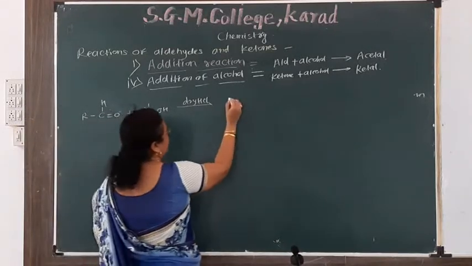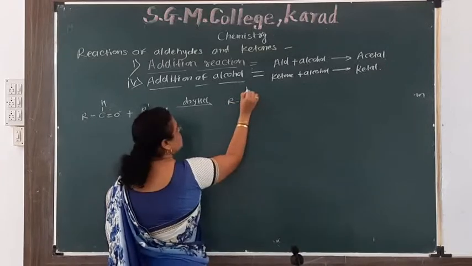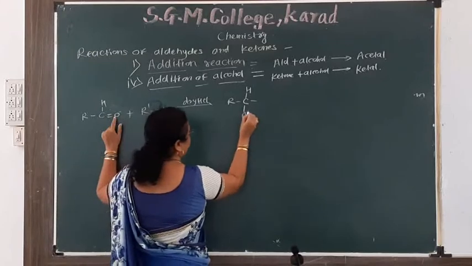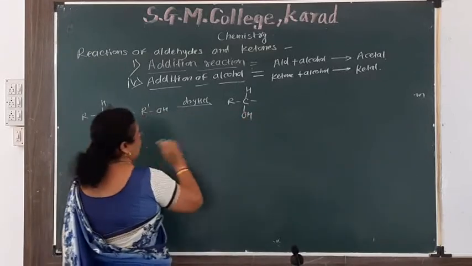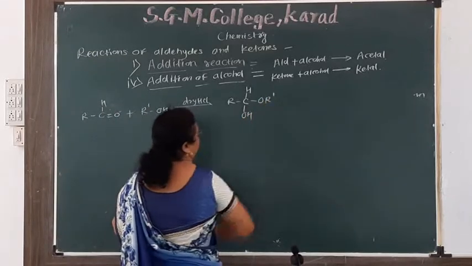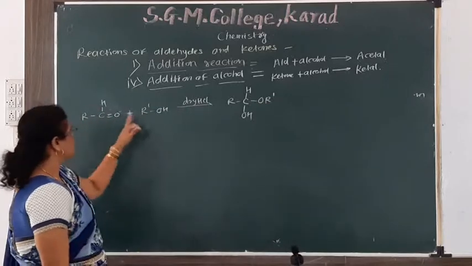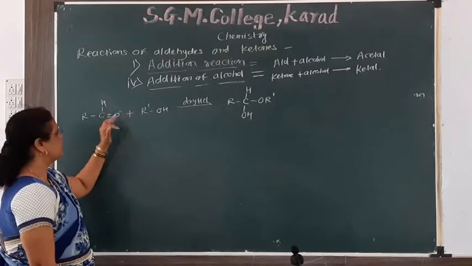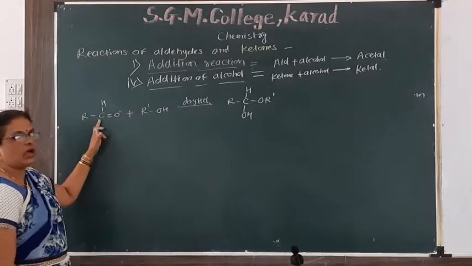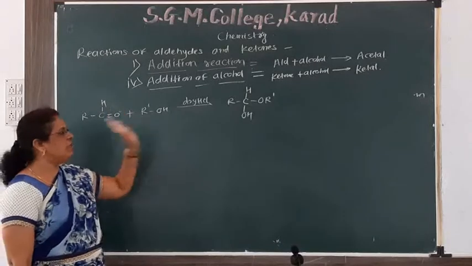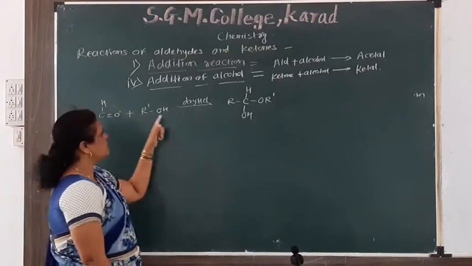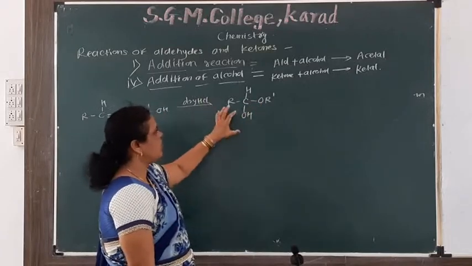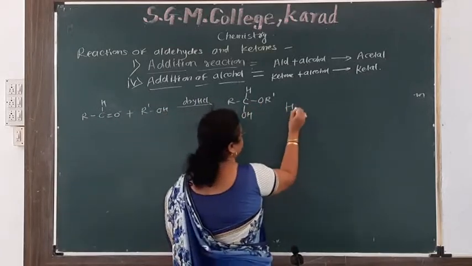Then we get here R, C, H, here O and H, that is OH, and this OR dash. The sp2 hybridized carbon atom gets converted to an sp3 hybridized carbon atom. This OR dash group is attached to the carbon atom and this product is known as hemiacetal.